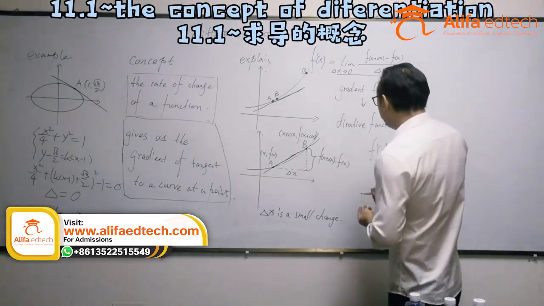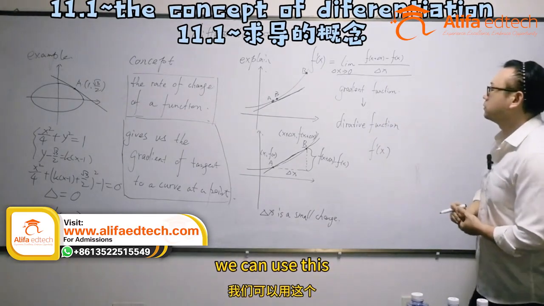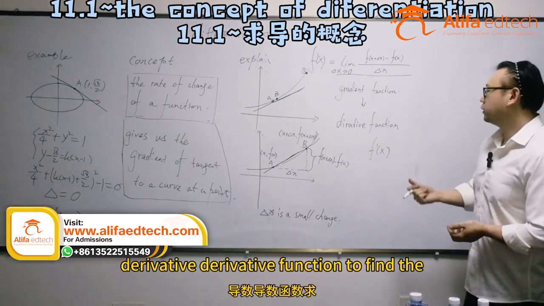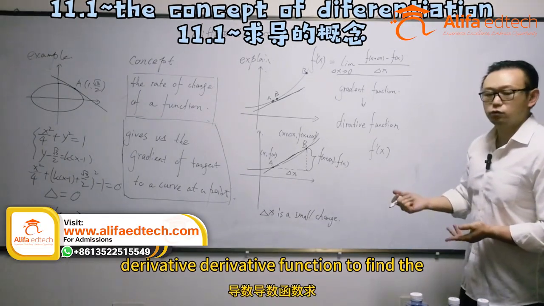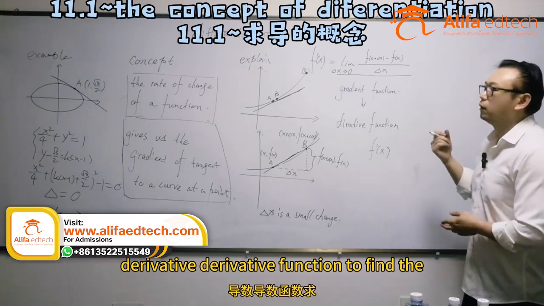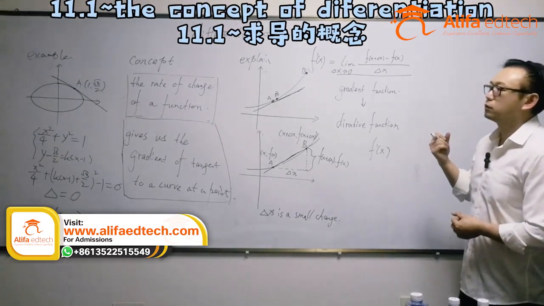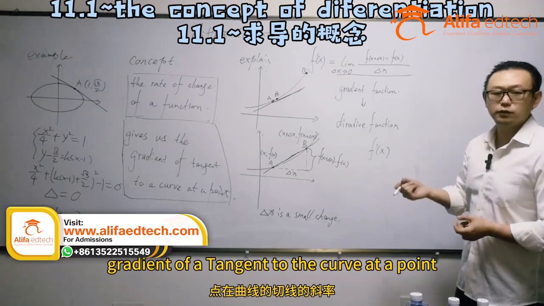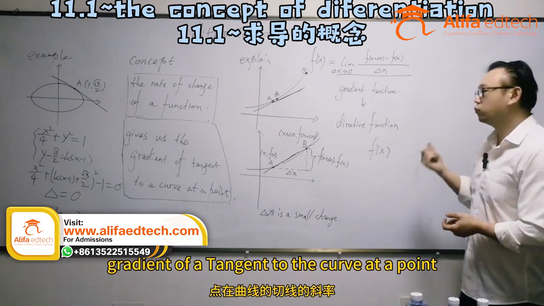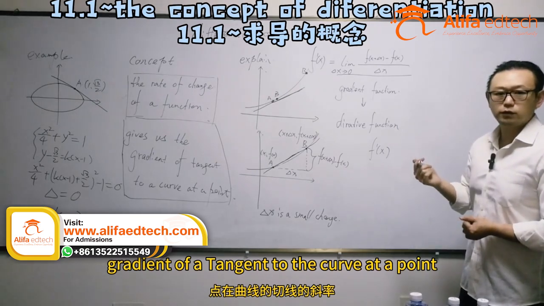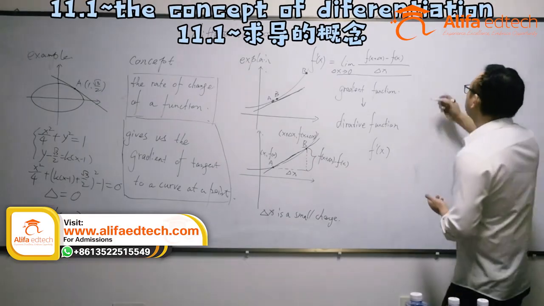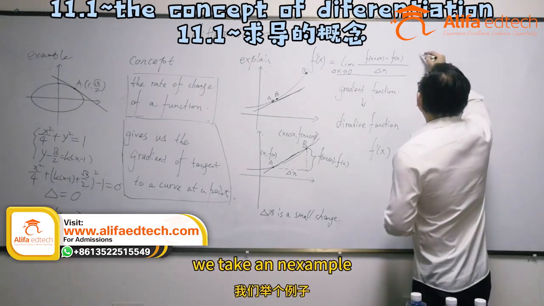Now, we can use this derivative function to find the gradient of a tangent to the curve at a point. Let's take an example.